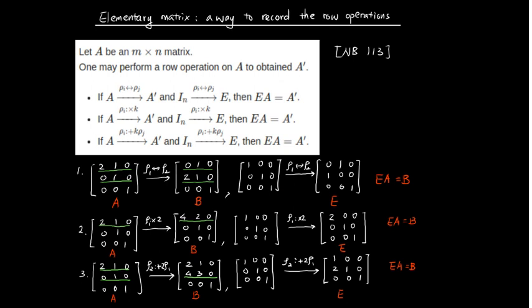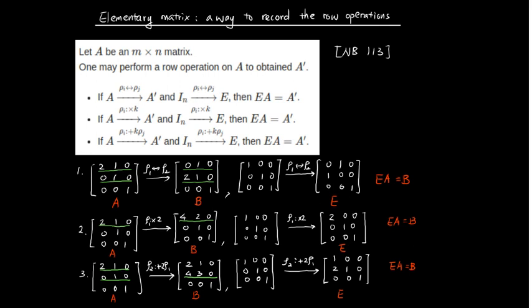Then you will see that the identity matrix becomes this, and we call this matrix E. It turns out that this matrix is called the elementary matrix. It's as simple as that. You pick an action and apply the action to the identity matrix. The resulting matrix E is called the elementary matrix.